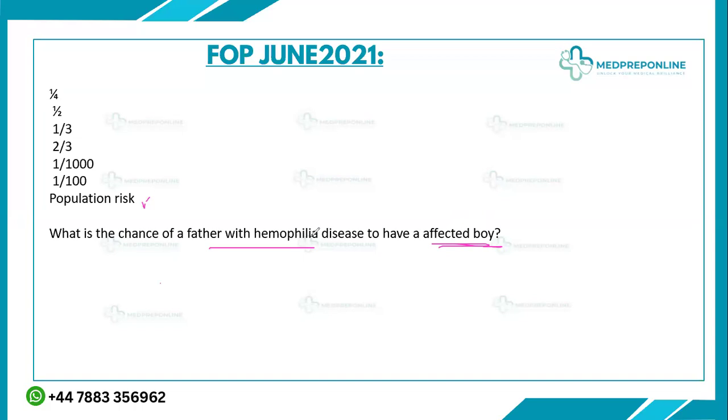It depends on what stem they are providing. Here we have a father with hemophilia disease to have an affected boy, so you are going to answer related to this. If the mother has the disease, then yes, there is a probability to have the disease from the mother, and you are going to do the crosses and see what will be there.